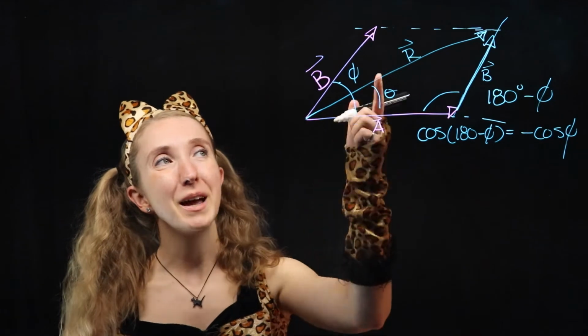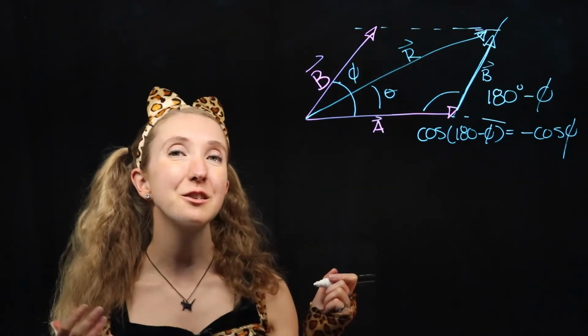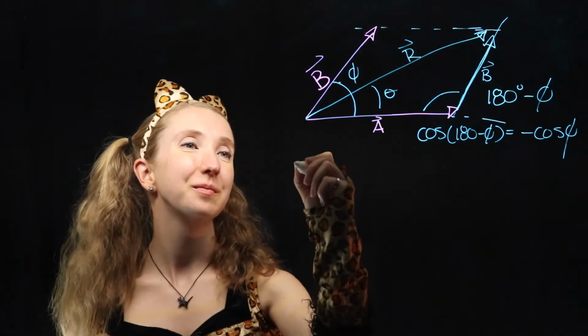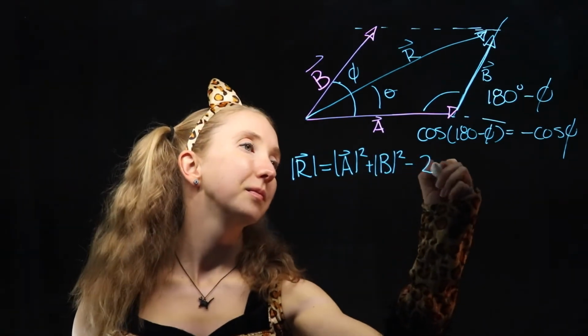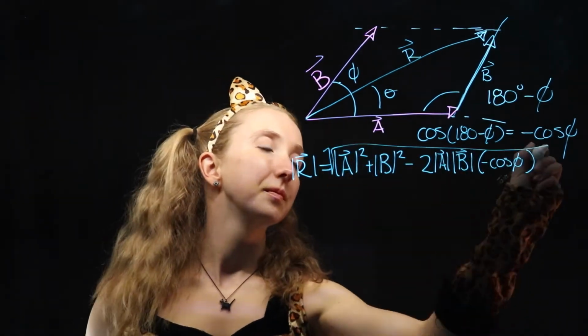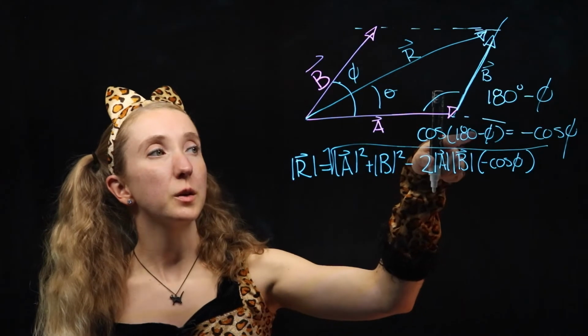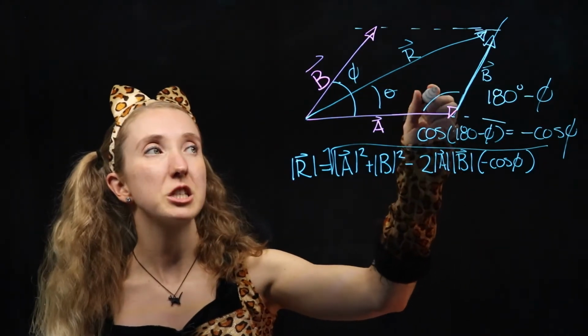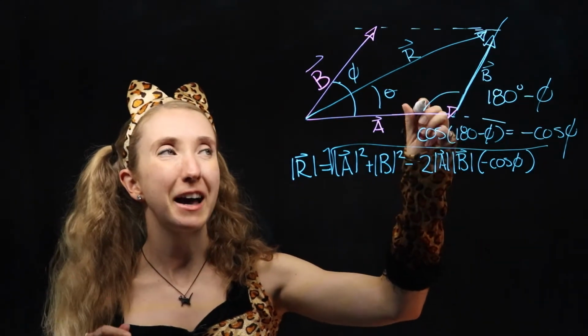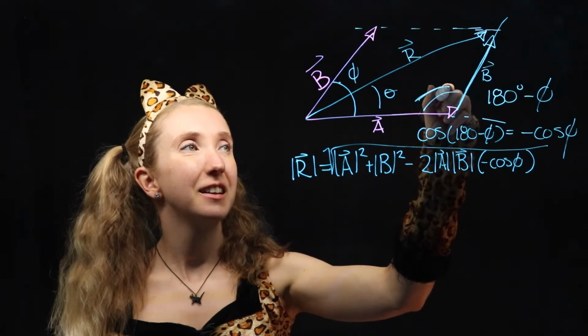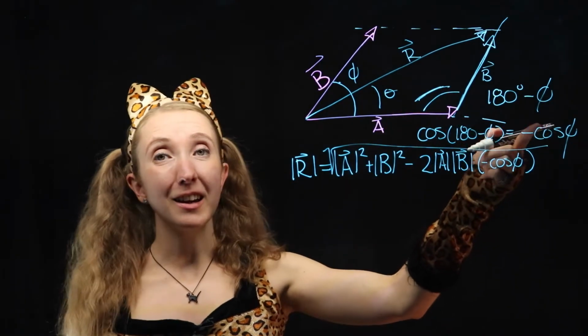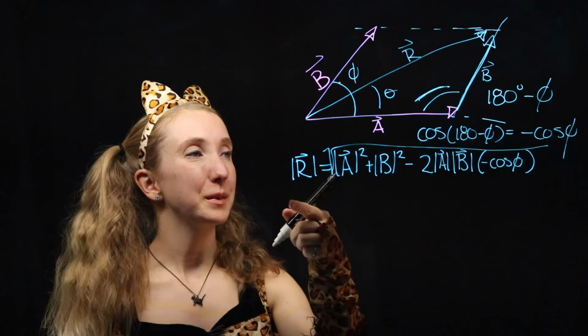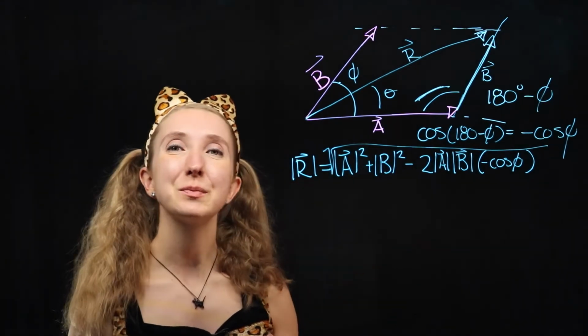Now, to solve for the magnitude of our resultant, we just need to fill in our cosine law. Note that we're using the cosine of 180 minus phi, which is this angle, but we've substituted negative cos phi. From here, we can simplify our expression for r.